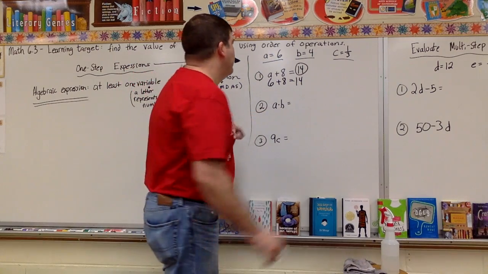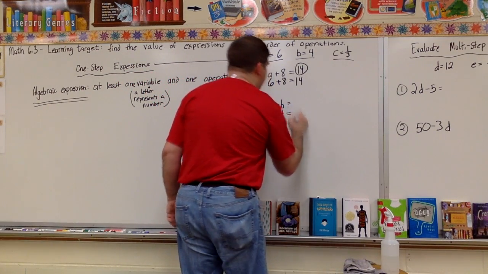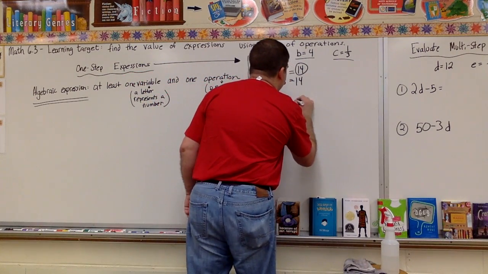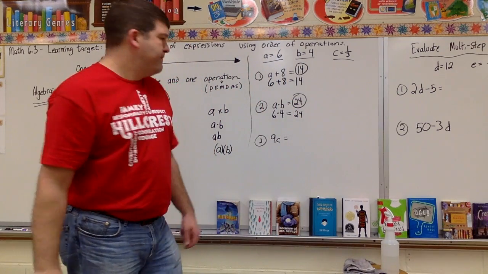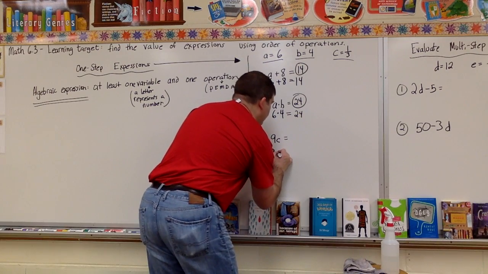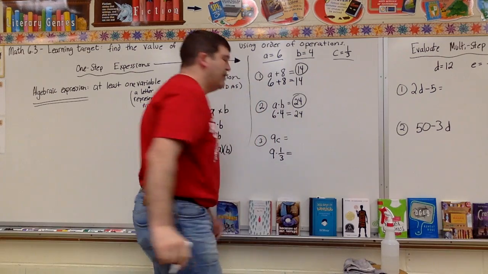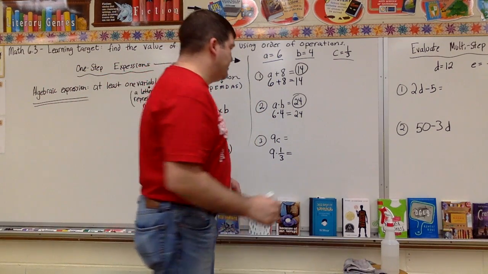All right, so we have AB. A is 6 times B is 4. Now, 6 times 4 we know is 24. So, there's my answer. Okay? 9C. 9 times C is 1/3. Now we have to remember how to multiply whole numbers to fractions.